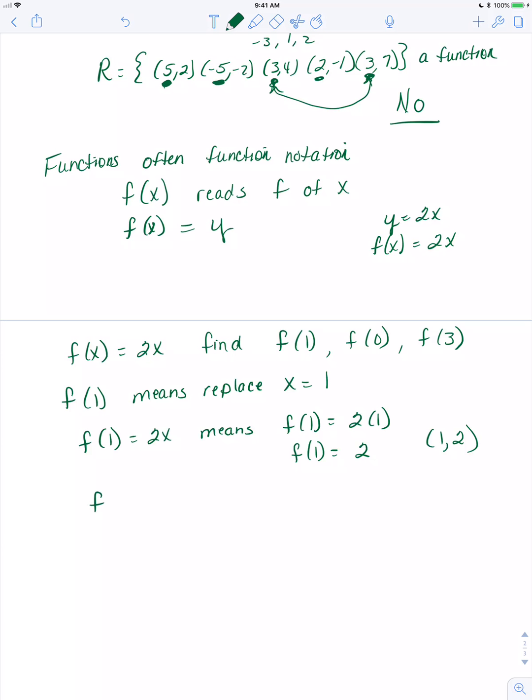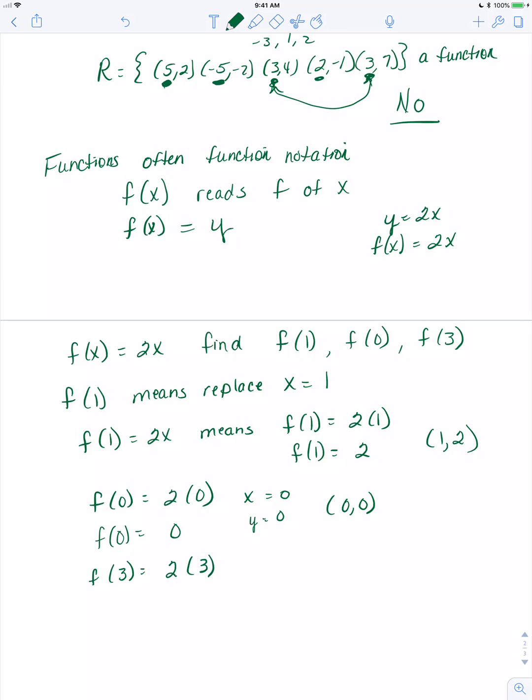So f of 0 means 2 times 0. X is now 0. So f of 0 is 0. So then y would be 0. So that ordered pair would be 0, 0. F of 3 then means we're replacing that x with 3.